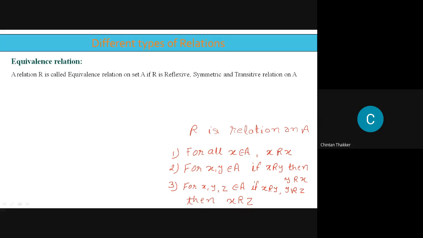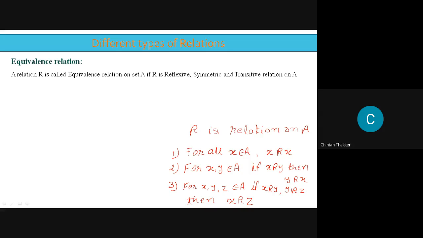So if these three conditions are satisfied, then R is called an equivalence relation. First condition for reflexive, second for symmetric, third for transitive.